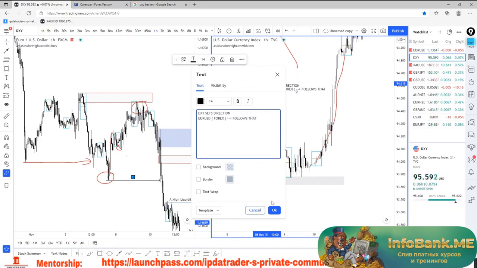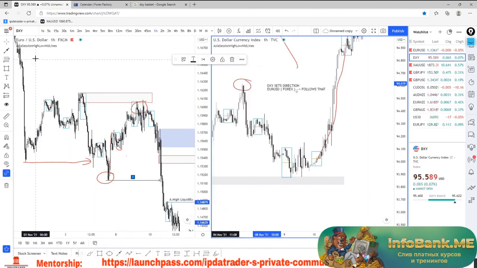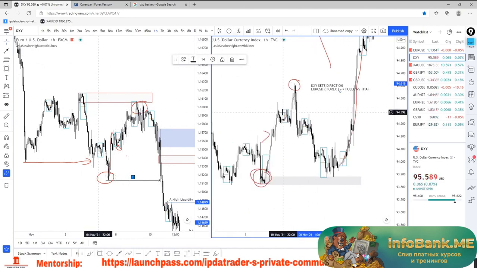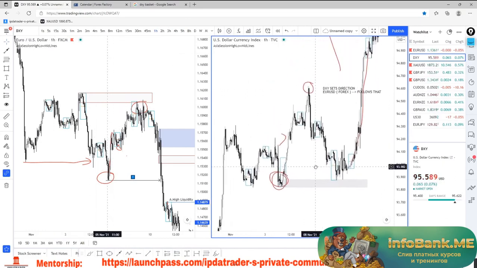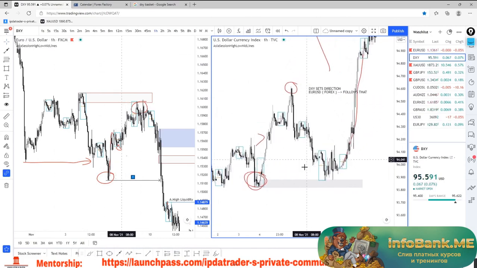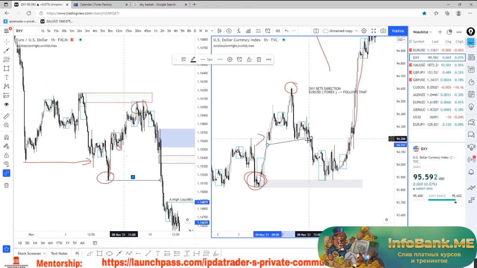So if you're ever unsure if that particular point of interest that you're watching in your Euro USD pair is ever going to be holding, you can always assess what DXY is doing. And if you see, hey, for the DXY at this point in time, it makes perfect sense for it to continue up for the reasons that we've been explaining before, such as the trend line liquidity building, right?